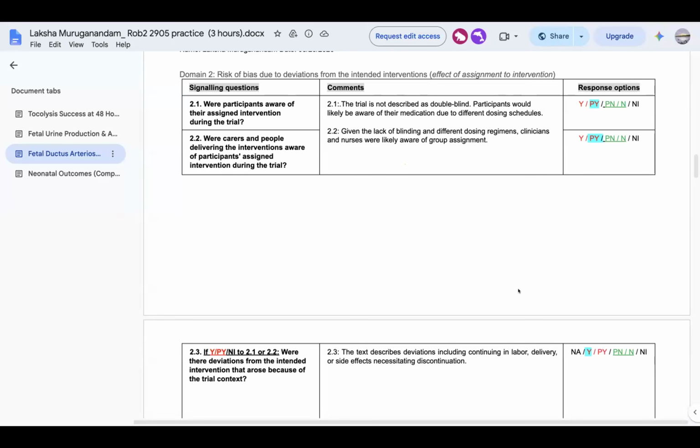Right. So, in and of itself, being given a medication at a different schedule doesn't mean that the patients know, because there are other things that can be done to conceal it. For example, if one medication is given every 2 hours and the other medication is given every 4 hours, the medication that's given every 4 hours may be given along with placebo every 2 hours, so that they're taking something every 2 hours.